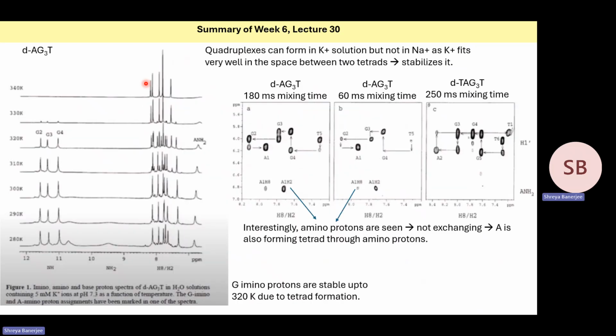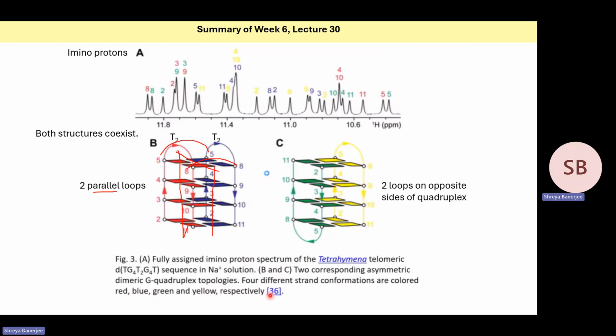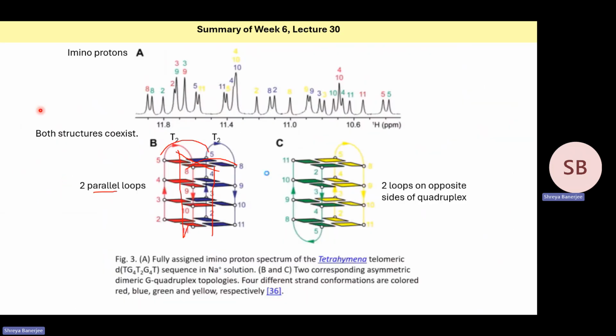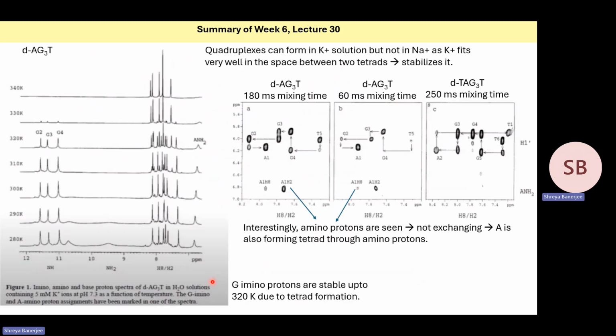One interesting thing is that this kind of G tetrad is generally formed in solutions with potassium or sodium ions. Depending on whether it is a purely G tetrad, it can be a sodium ion solution, or in this case, it is a combination of G and A tetrad, which we'll discuss right now. It can be potassium ion solution.